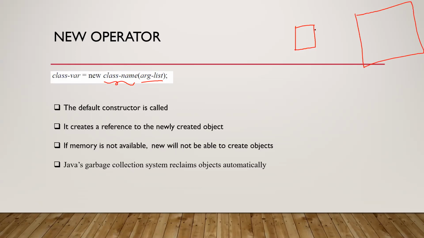Space is allocated for minivan, and there is a pointer to it. This pointer is your minivan. That's why you call it a reference, because it refers to the object.